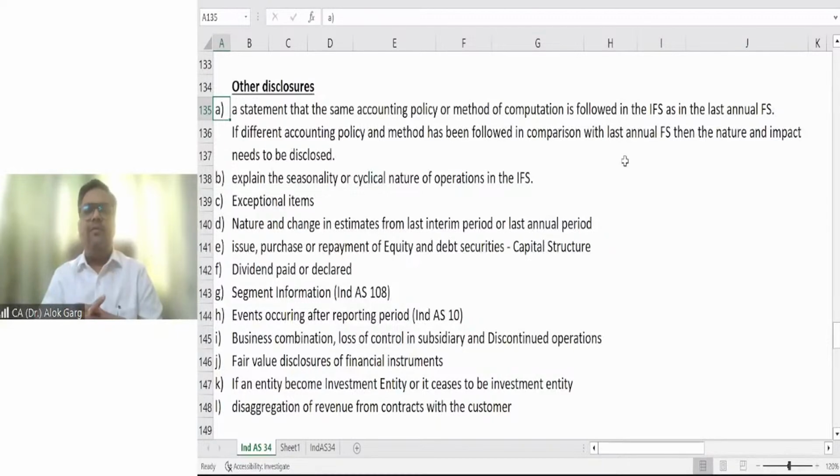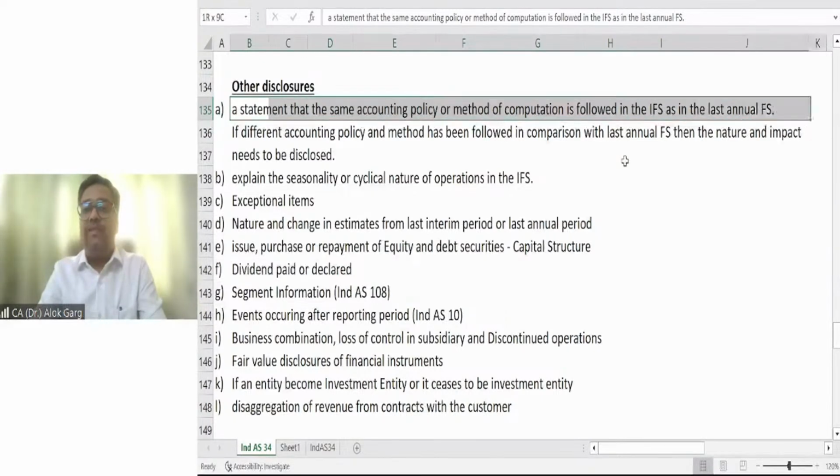So Ind AS 34 says that the accounting policy is not required to be repeated in every interim condensed financial statement. But you have to write a statement. What kind of statement do you need to disclose in your notes to accounts? A statement that the same accounting policy or method of computation is followed in the interim financial statement as in the last annual financial statement.